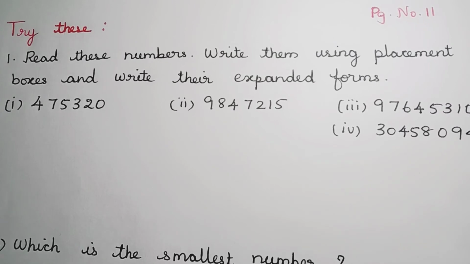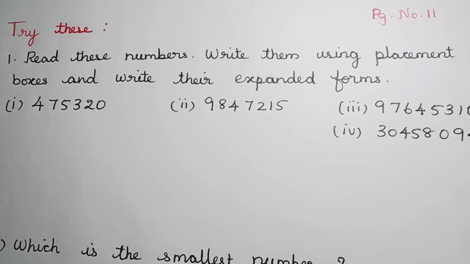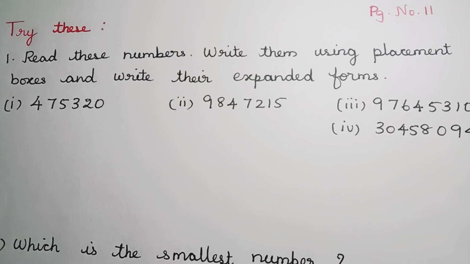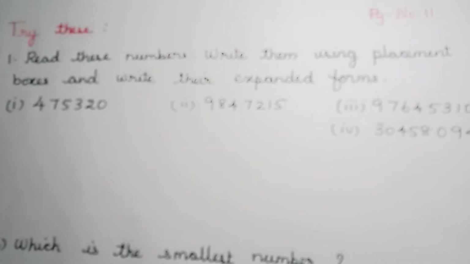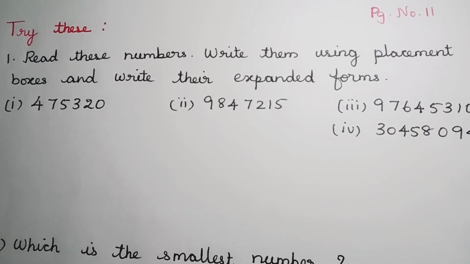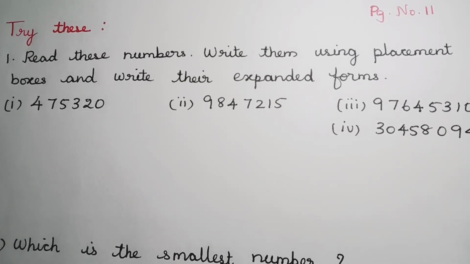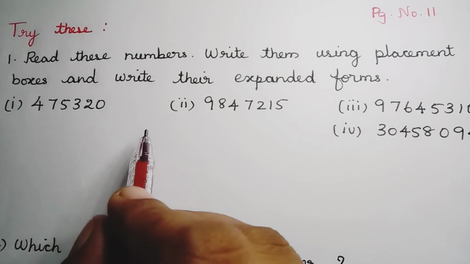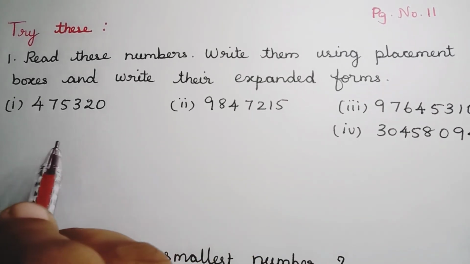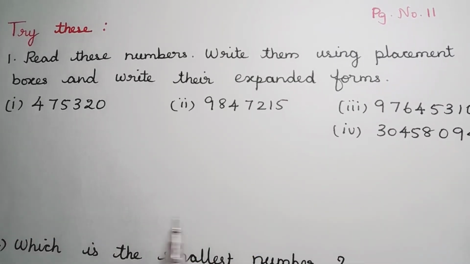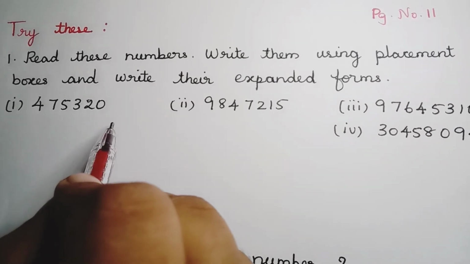So the next topic is Try This from page number 11. Read these numbers, write them using placement boxes and write their expanded forms. How will you write using placement boxes? You better draw a table using ones, tens, hundreds and thousands. I will write it on top of these numbers itself.